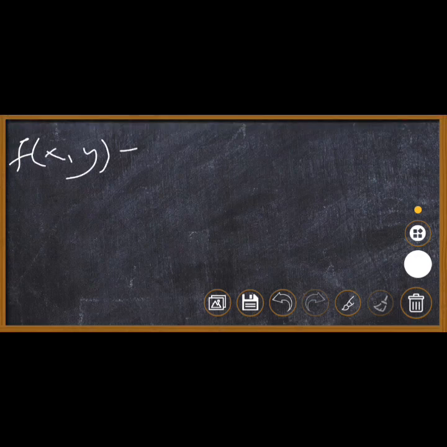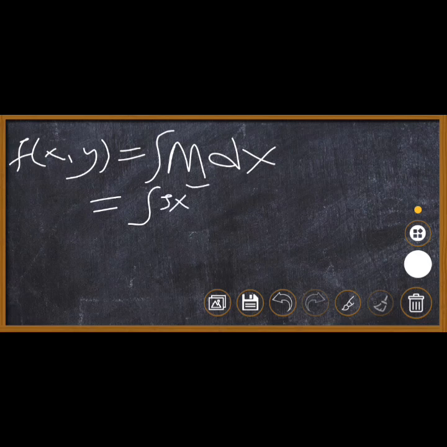You have to integrate the function of m given with respect to what? dx. So in this case, remember, we have been given that our m was 5x⁴. Let me just write this properly.